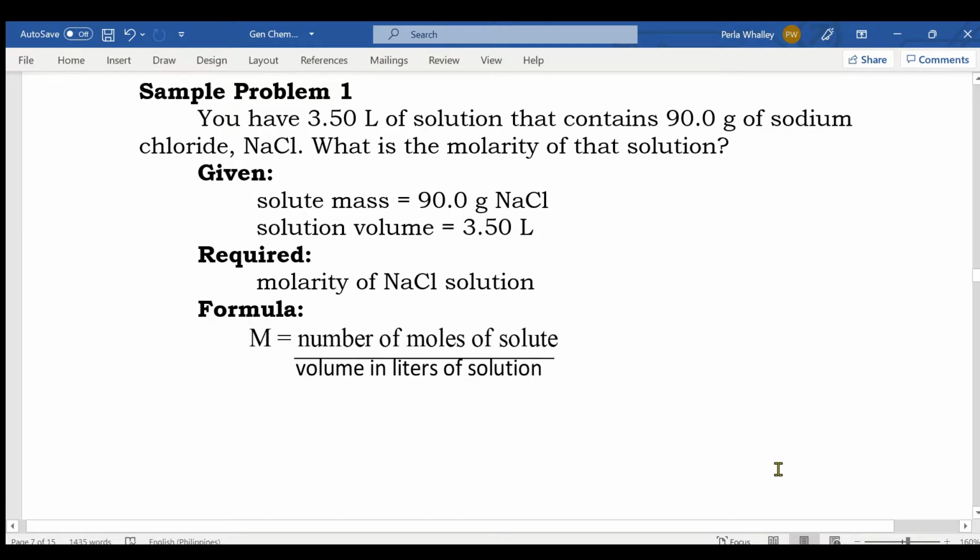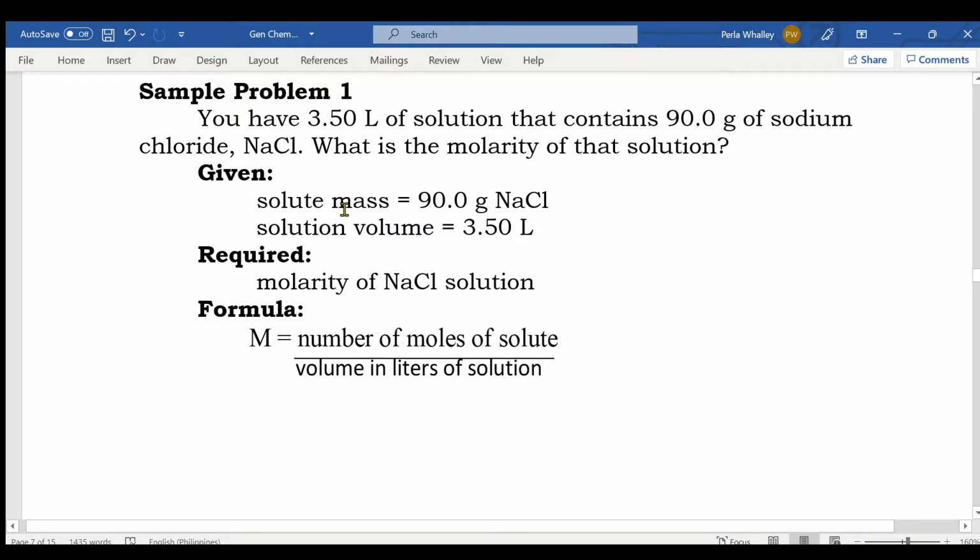Again, we need to write the given, the required, the formula, and then the solution. So from the problem, we can get the given. 3.50 liters is the solution volume, or volume of solution. 90.0 grams of sodium chloride is the mass of solute. Now remember that a solution has two components, the solute and the solvent.